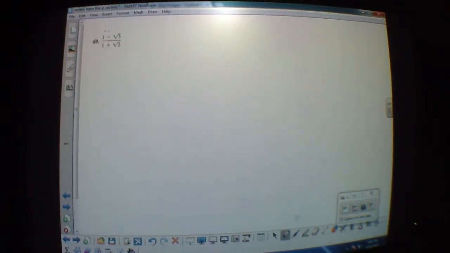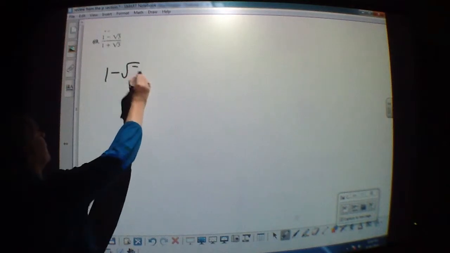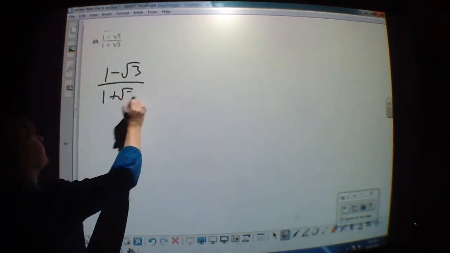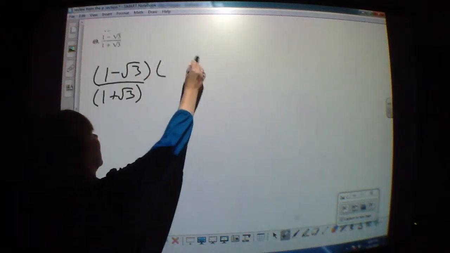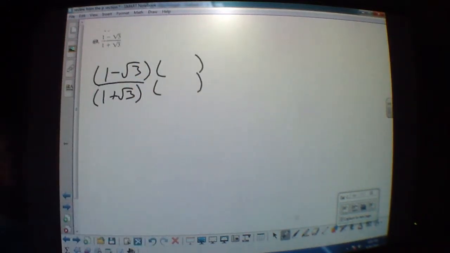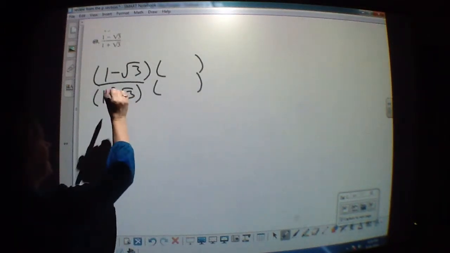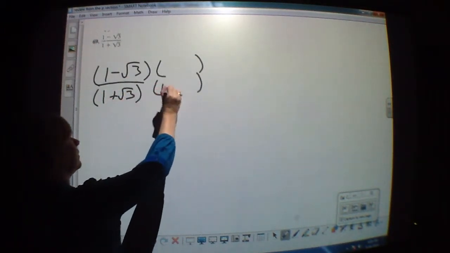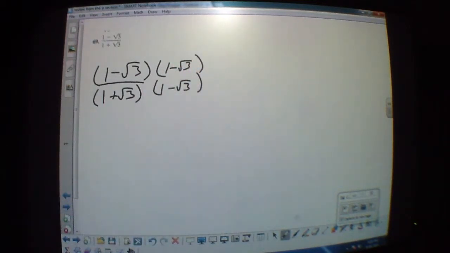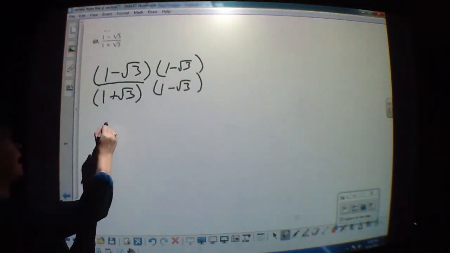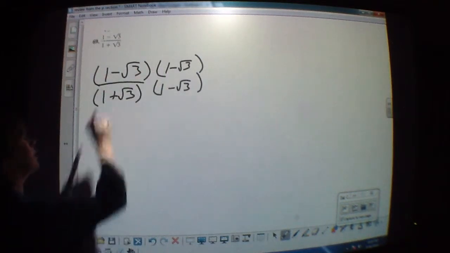Rationalize the denominator. 1 minus radical 3 over 1 plus radical 3. To rationalize the denominator, I need to multiply this equation by 1, but I'm not going to just call it 1. I'm going to multiply by the conjugate of the denominator. That will get rid of the radical in the denominator. So when I FOIL the top, 1 times 1 is 1.